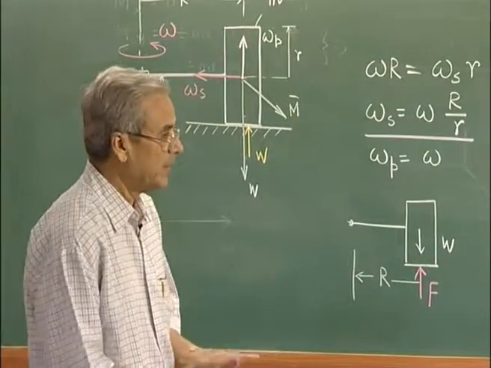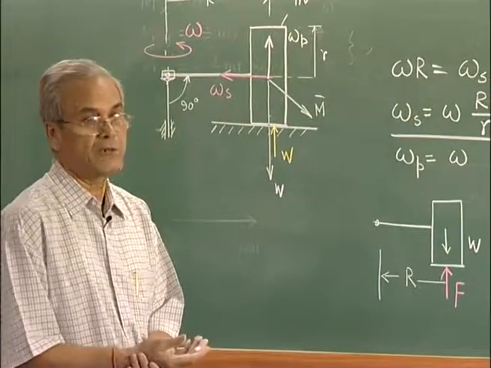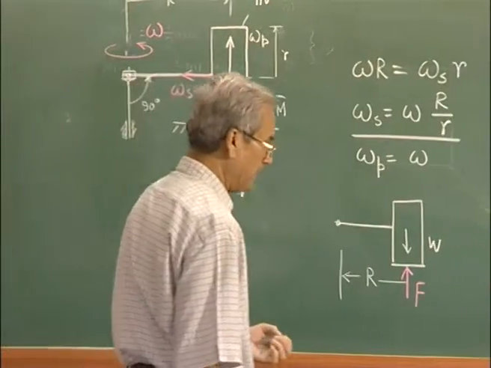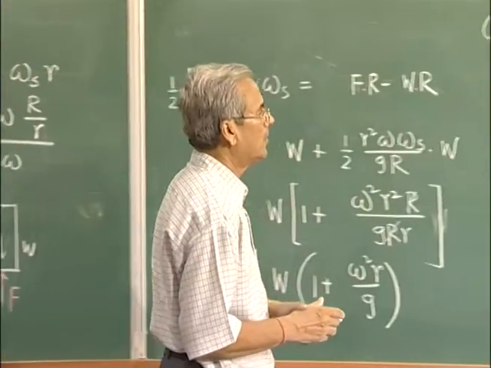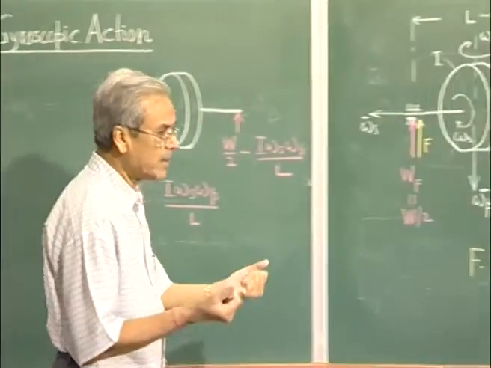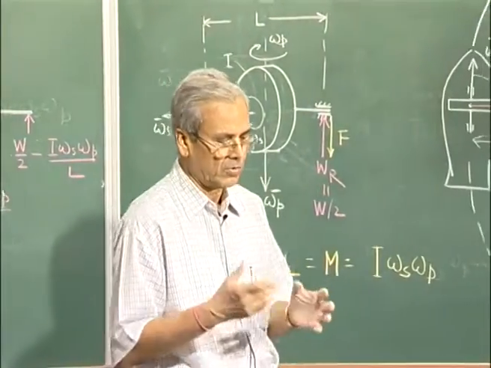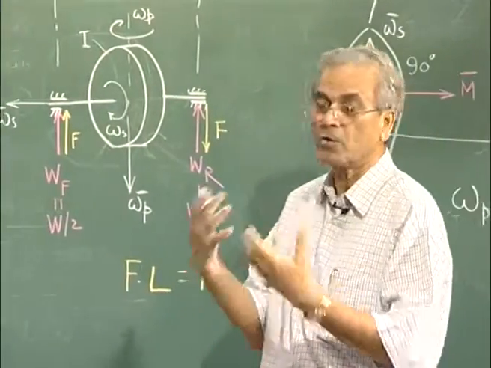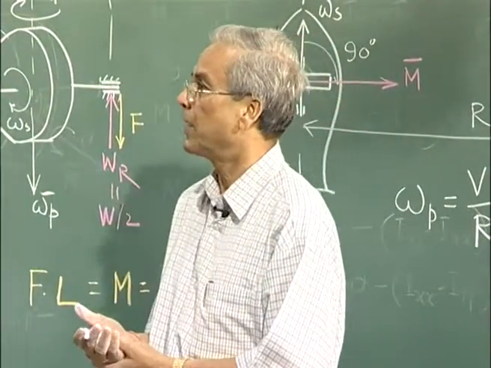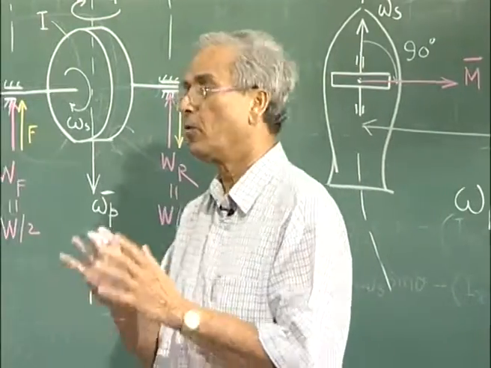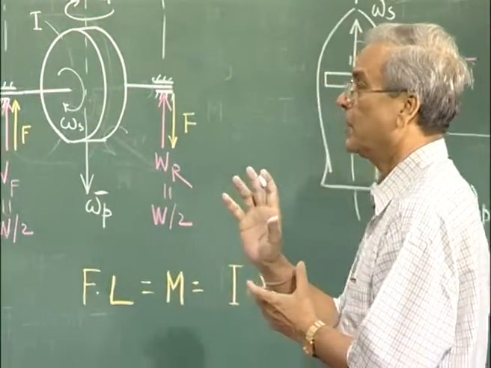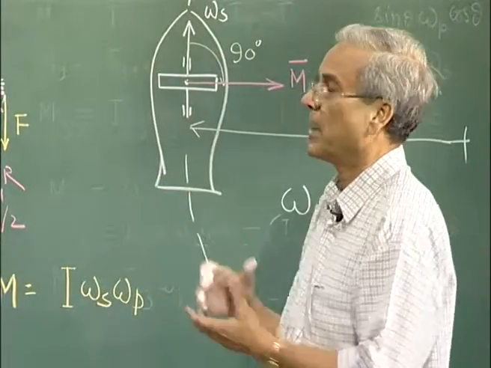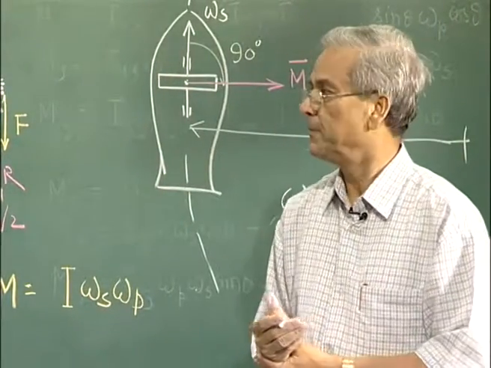So, maybe a 10-ton roller can produce a 15-ton crushing force. So, this is an advantage we get. So, the forces or bearing reactions or moments which get generated because of the gyroscopic action must be taken into account, and whenever a rotating body's axis of rotation is changing, there the gyroscopic action will come into action.